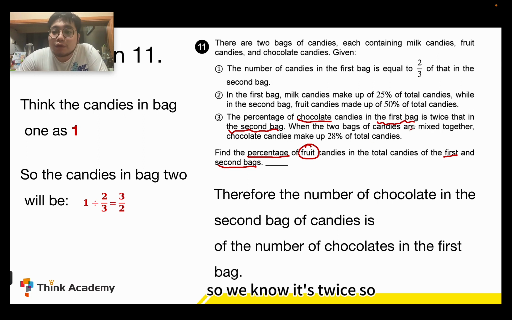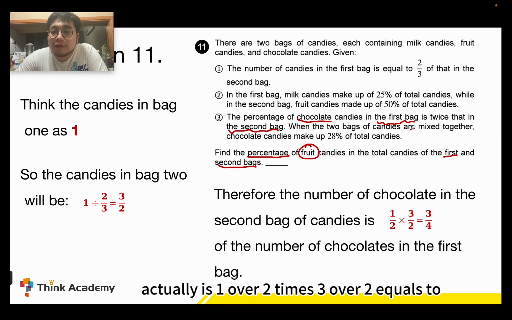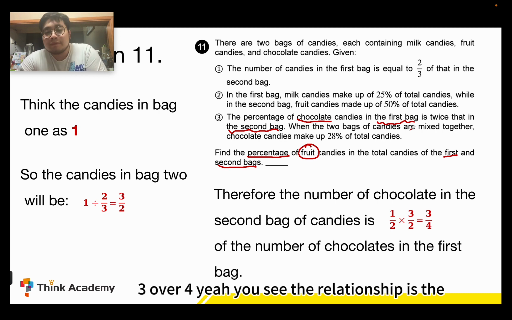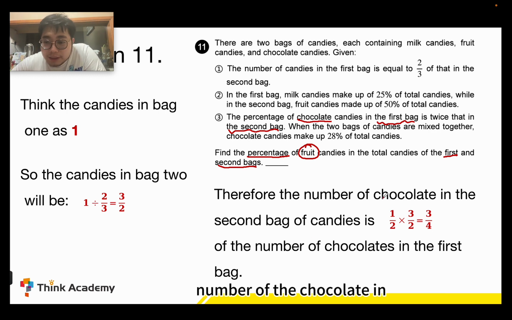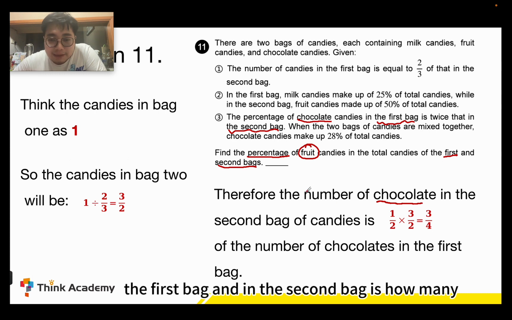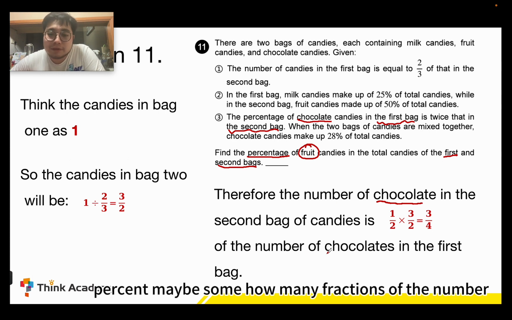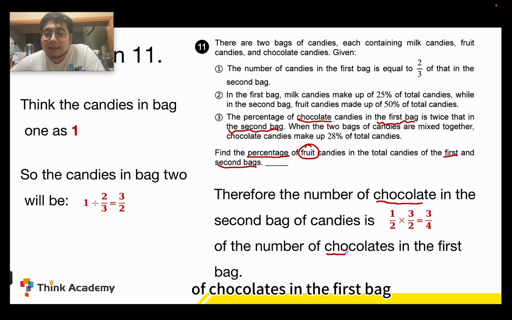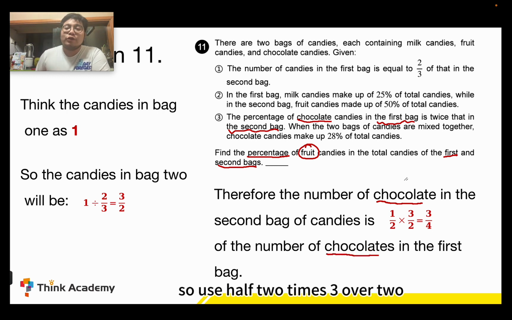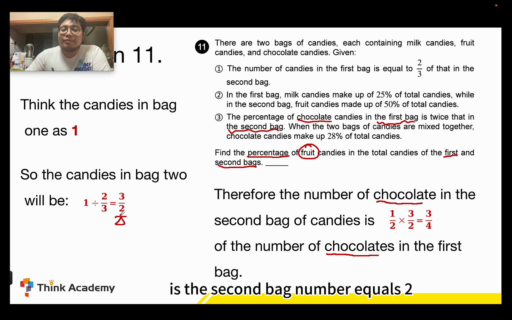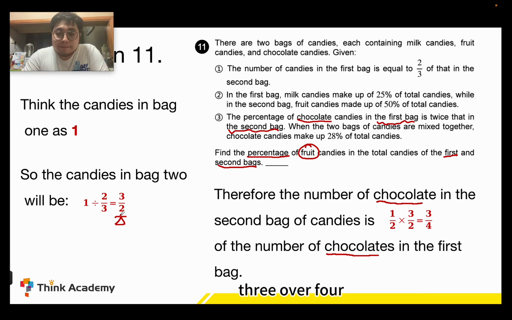We know it's twice, so actually it's 1/2 times 3/2 equals 3/4. So the relationship is the second bag's number of chocolates is what fraction of the number of chocolates in the first bag. So use 1/2 times 3/2, and the second bag's number equals 3/4.